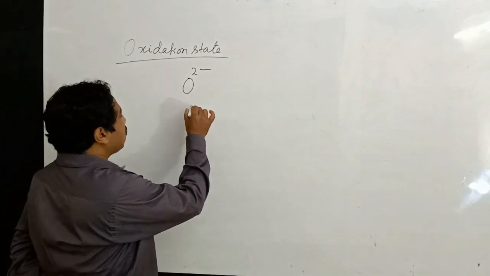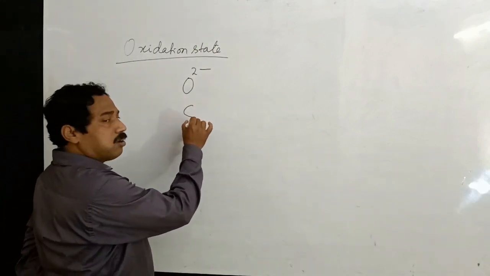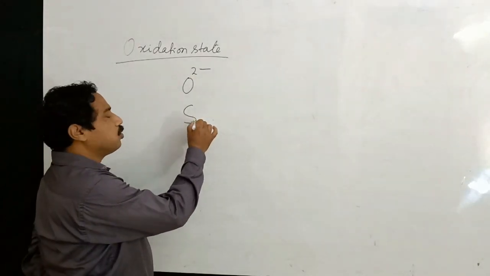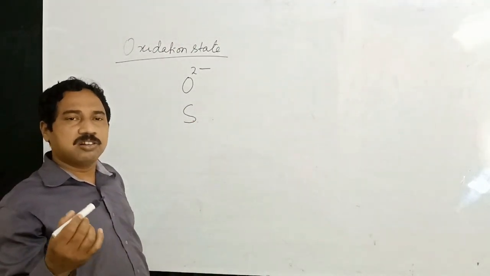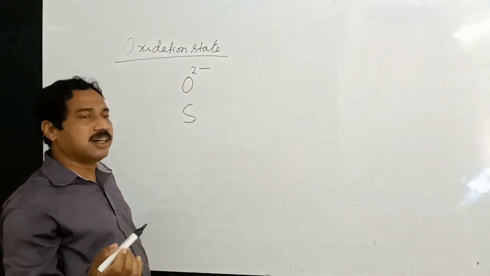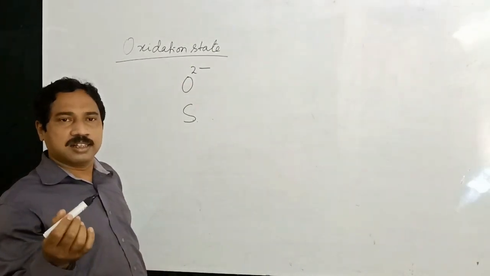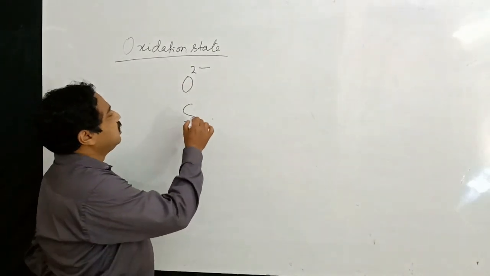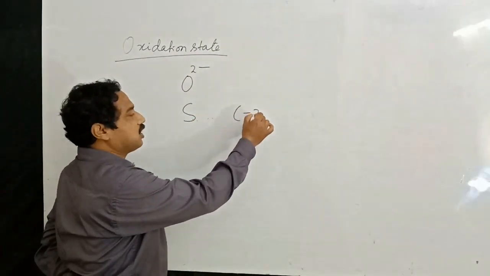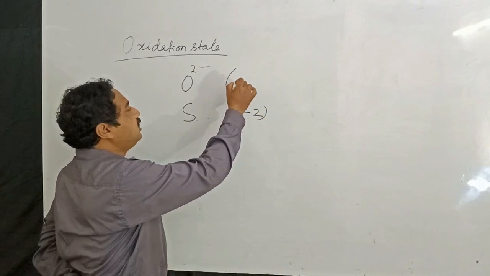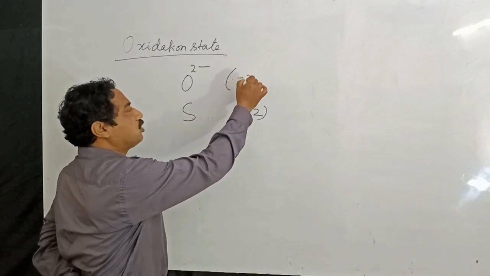But sulfur has a larger size, so its electronegativity is less, so it cannot easily gain 2 electrons to complete its octet, so sulfur cannot easily show a -2 oxidation state, but oxygen can.